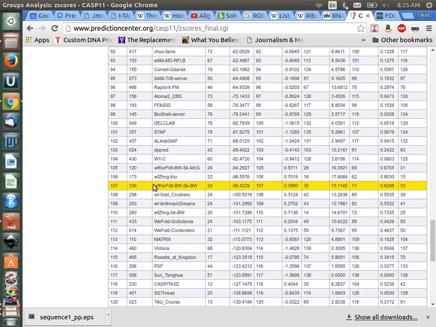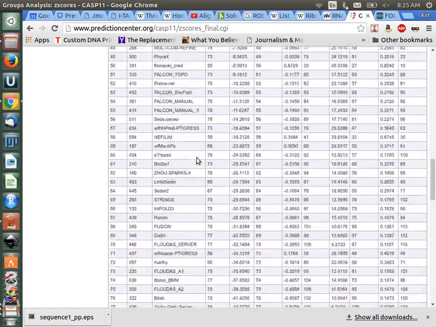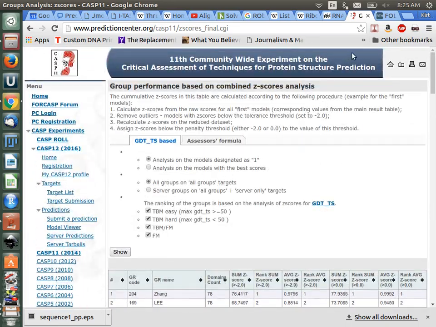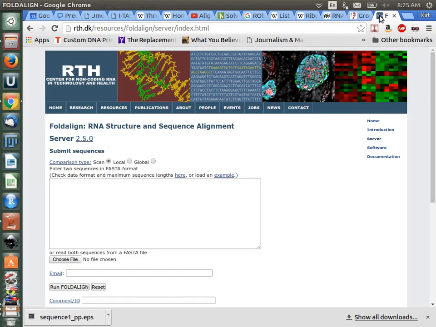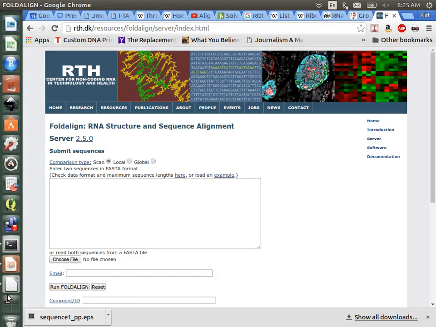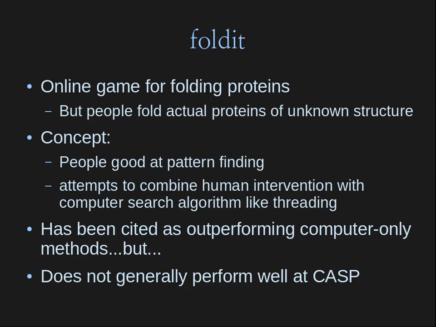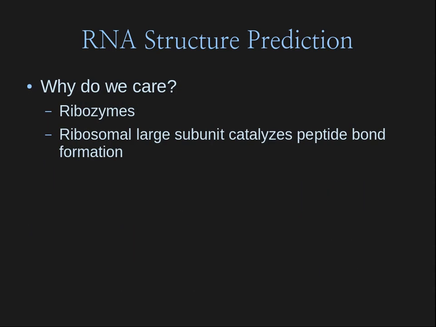And there's a few other ones, but in general, yeah. Oops, let's go back here. So, okay. Are there any questions on protein structure prediction?